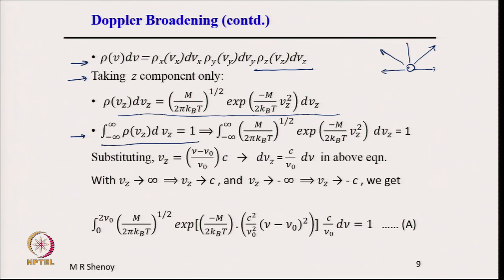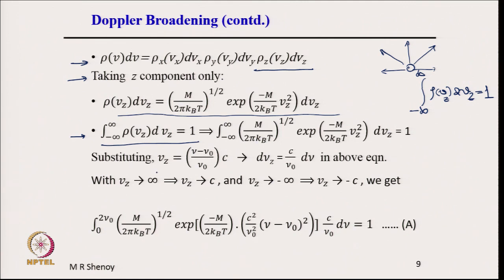If it is moving in this direction, its Vz is 0. Therefore, over the range from minus infinity to infinity, the probability will be equal to 1. That is, somewhere you will find the particle, so the integral of rho dVz equals 1. We substitute this here, and we have this expression equal to 1.